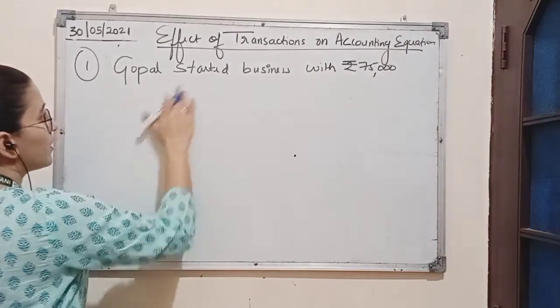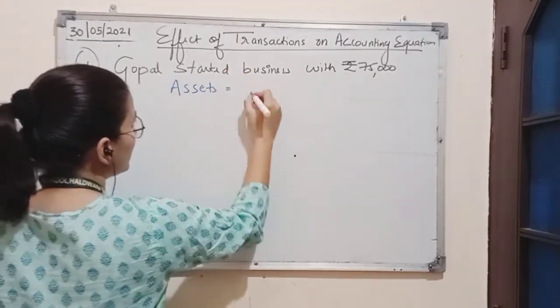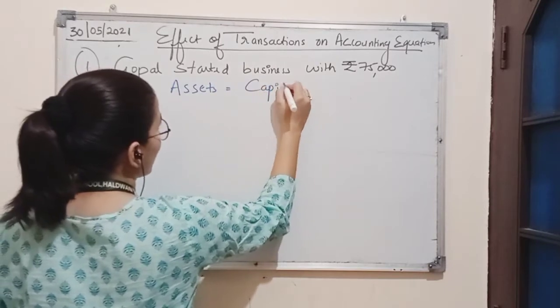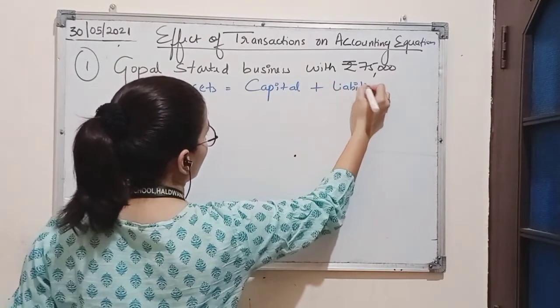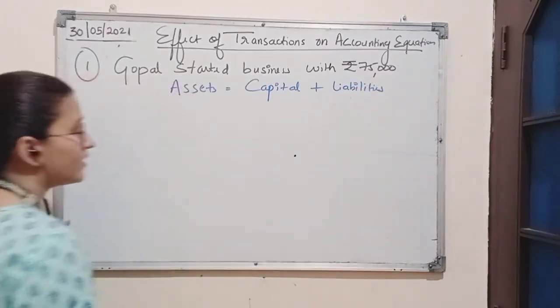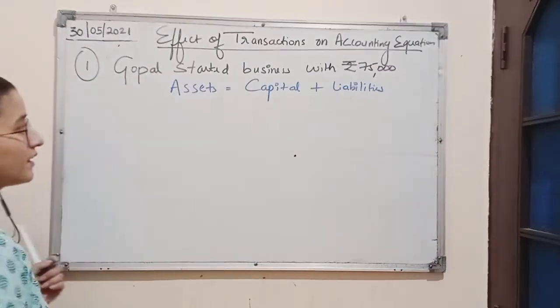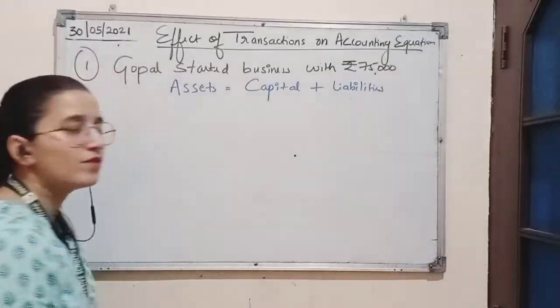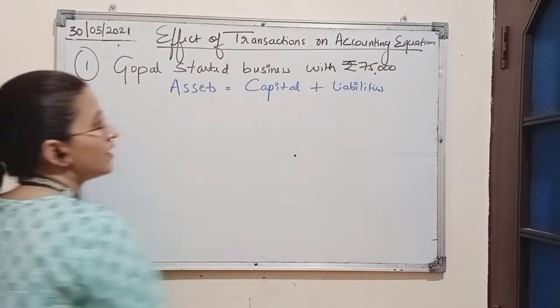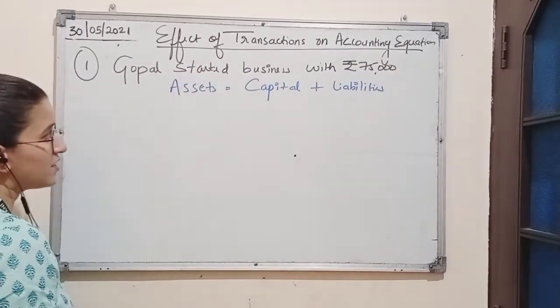First we will write the equation here, where assets is equal to capital plus liabilities, or we can also write it as assets is equal to liabilities plus capital. Now here 75,000, which is being invested in the business, will be considered as an asset in the form of cash, right?